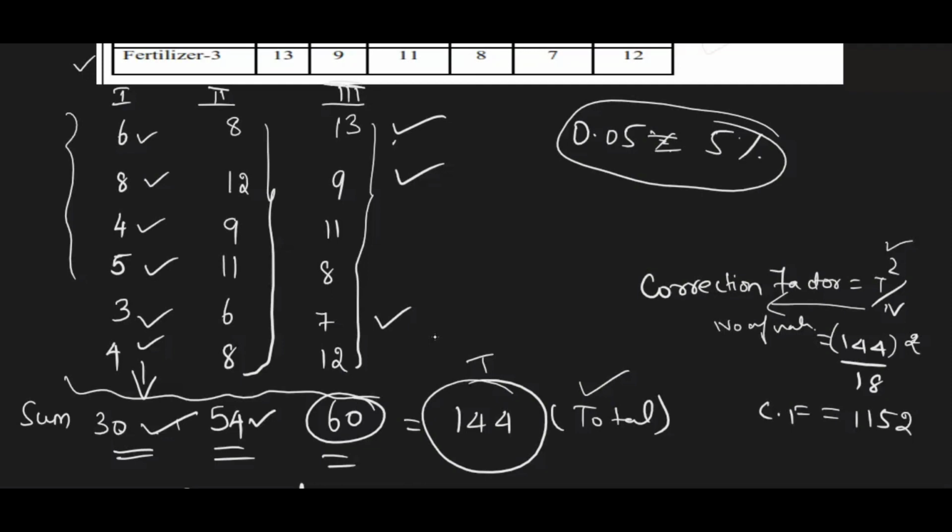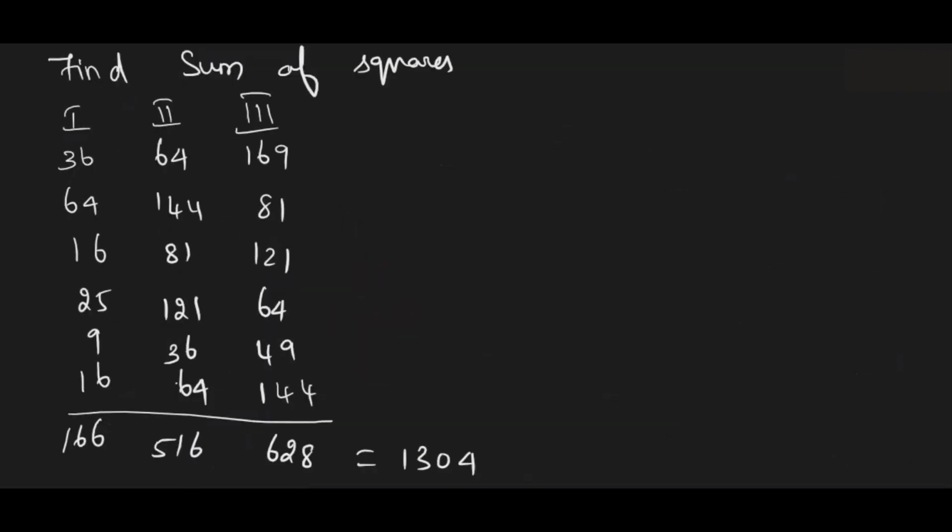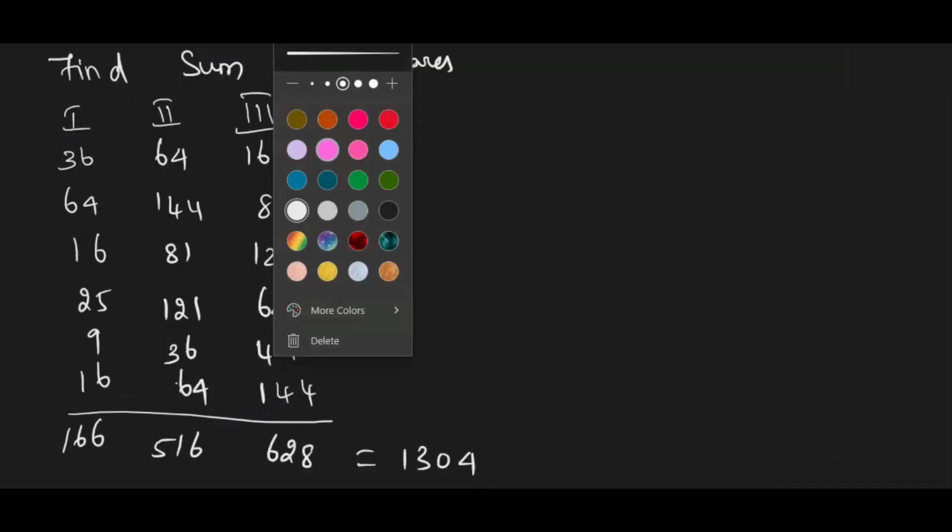So 6 3s are 18 values. If you want, you can count 1, 2, 3, up to 18. 18 values are given. So your correction factor is always T square by N. We are ready with the correction factor. Step 1 is over, to find the correction factor.